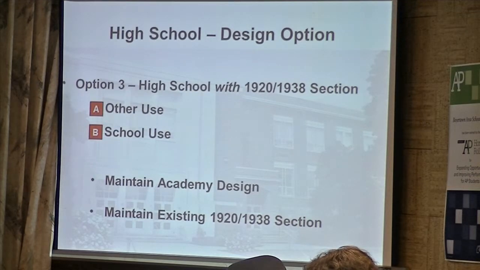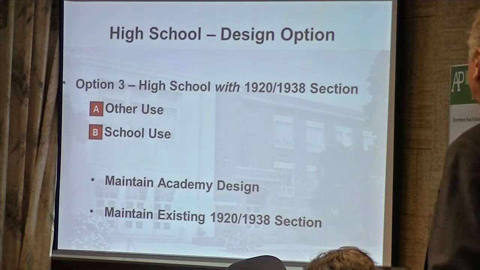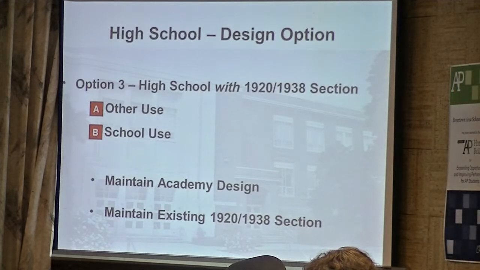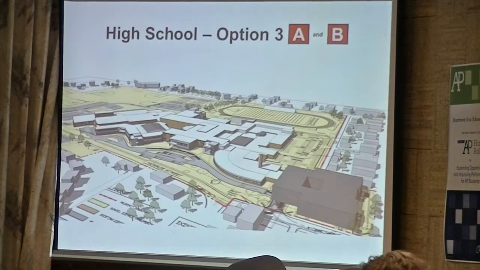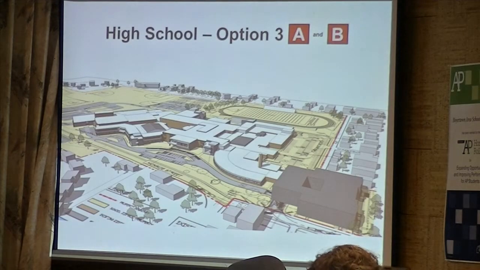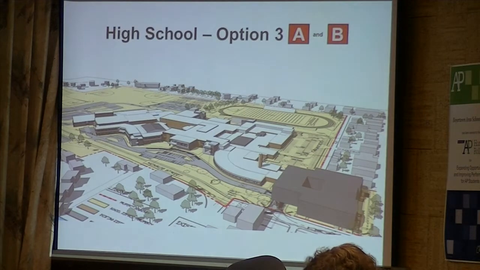To continue our format from last time, we have 2 items to talk about here. A is other use, other than school district use, and B would be to use it for school use. This is the rendering of the proposed design of the high school with the academy structures as we had planned.